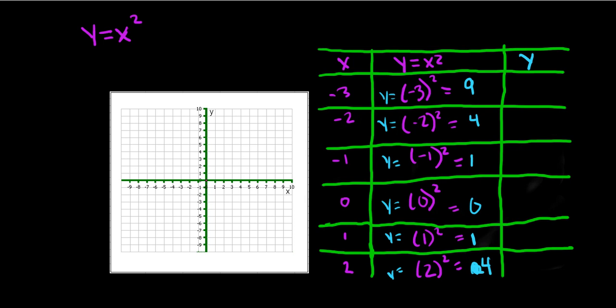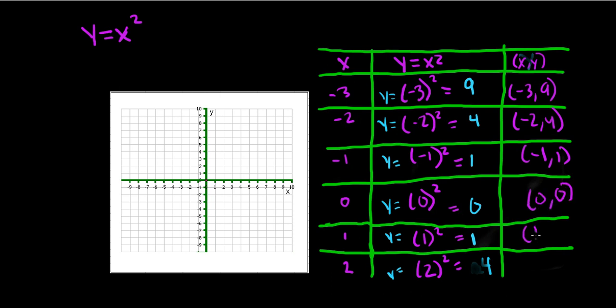Now we can create our ordered pairs in the right column. Our first ordered pair is going to be -3, 9, then -2, 4, then -1, 1, 0, 0, then 1, 1, and finally 2, 4.